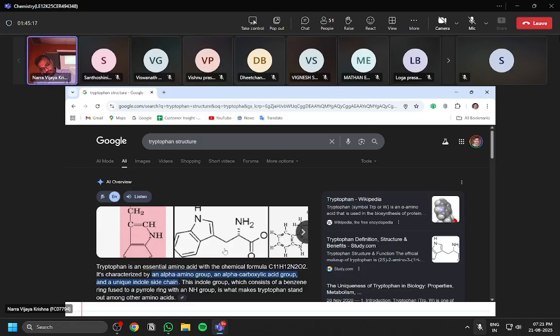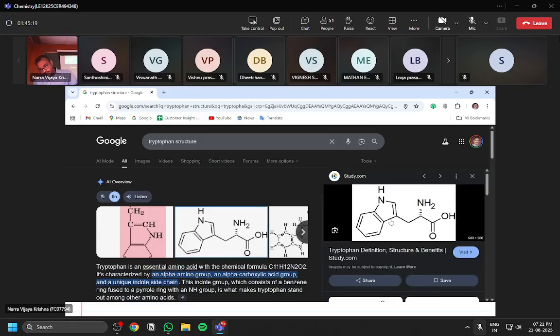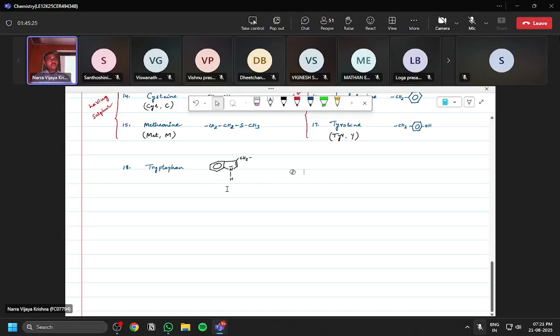Correct only, no? Right, not adjacent to nitrogen, right? Means the structure is correct only, no? Right? So tryptophan. We call this group as indole. So tryptophan has indole group.